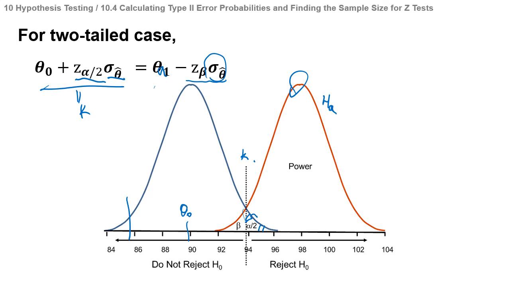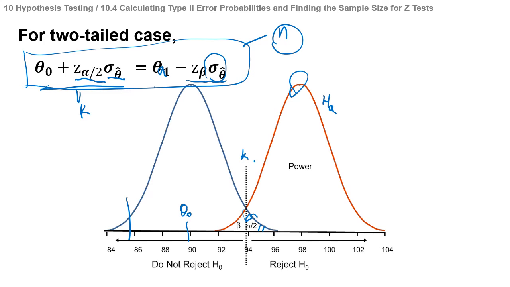You set up this equation and solve it with respect to n, then you can find the formula for sample size n for the two-tailed case. This is just putting z alpha over 2 rather than z alpha in the previous formula.